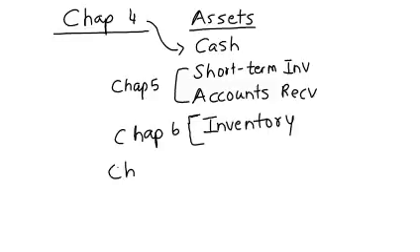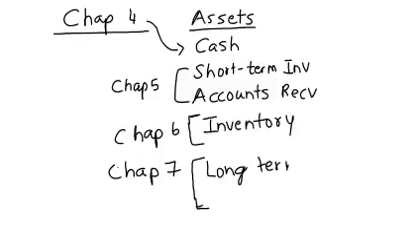And then we go into fixed assets, which would be long-term assets and depreciation associated with long-term assets. So this is approximately the roadmap for chapter 4, chapter 5, chapter 6, and chapter 7.